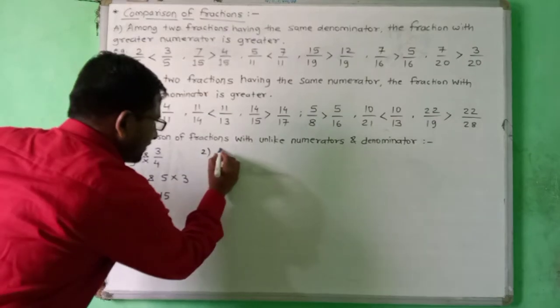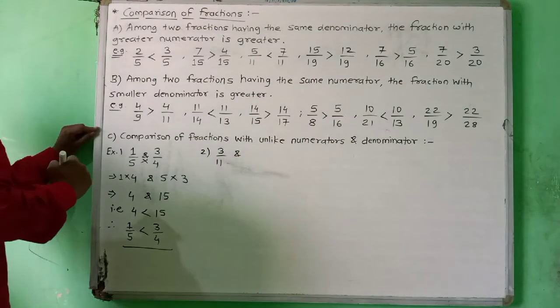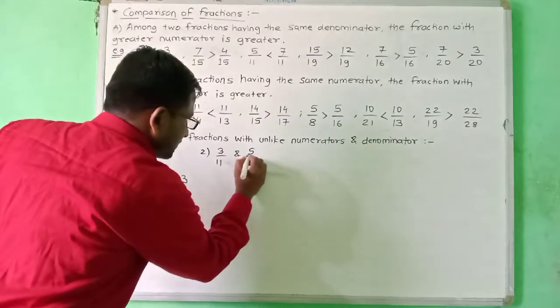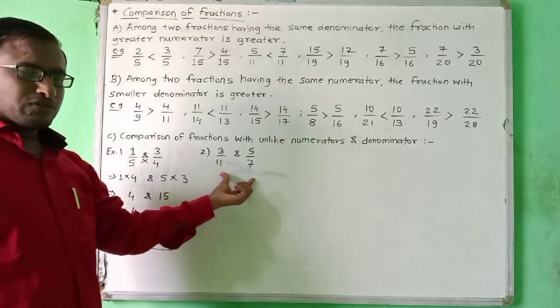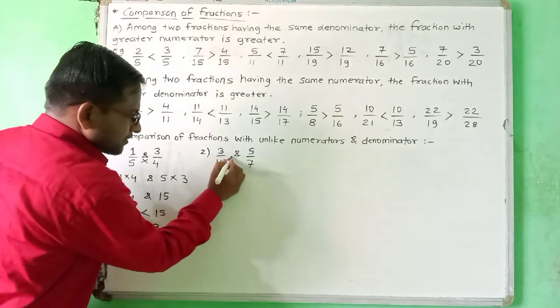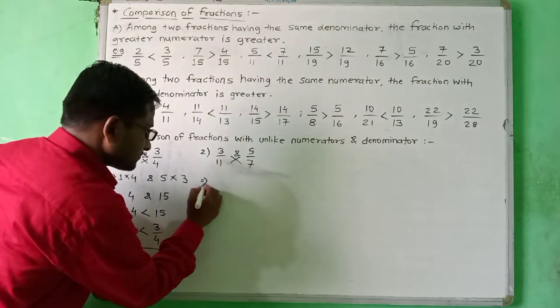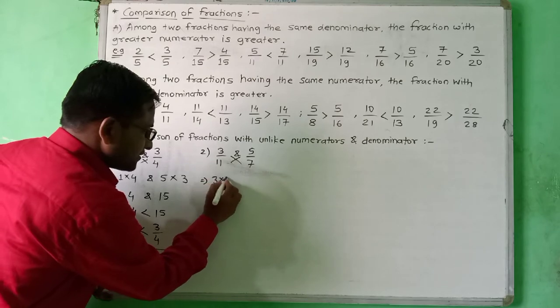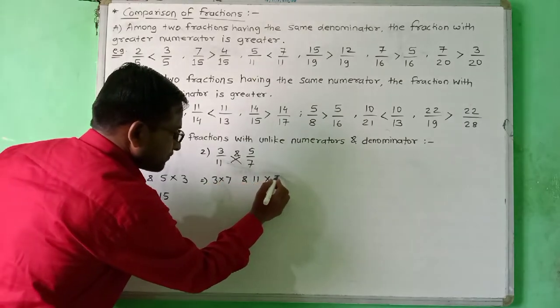3 upon 11 and 5 upon 7. Again the same process follows. First step, you do the cross multiplication: 7 multiplied by 3, or 3 multiplied by 7, and 11 multiplied by 5.